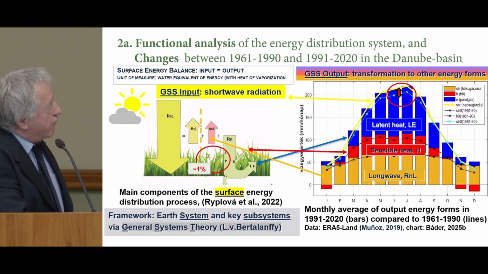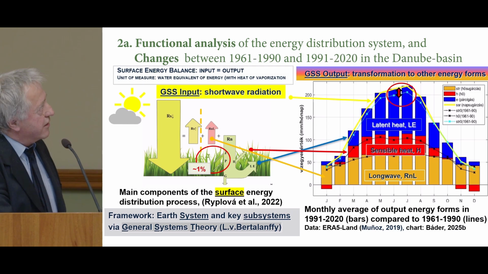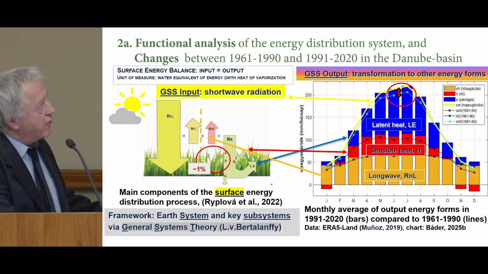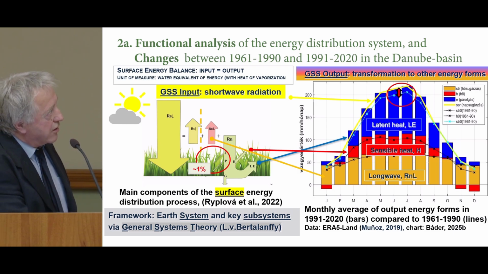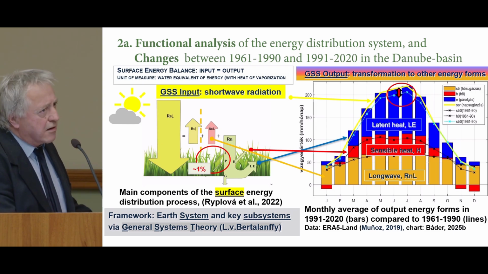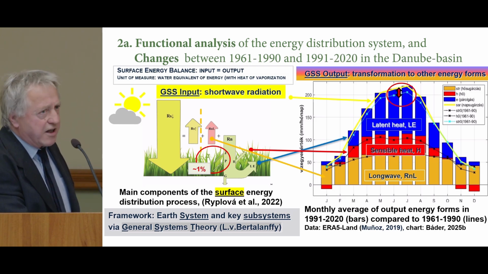There is a surface model from an international team led by a Czech group, and it says that the input of the system is basically the solar radiation, and the monthly distribution is shown with this yellow envelope curve. And the three major outputs are long-wave radiation, the sensible heat itself, and the latent heat.